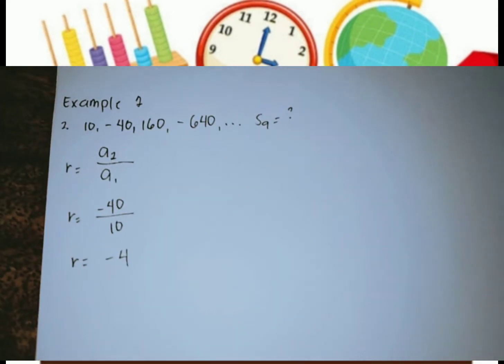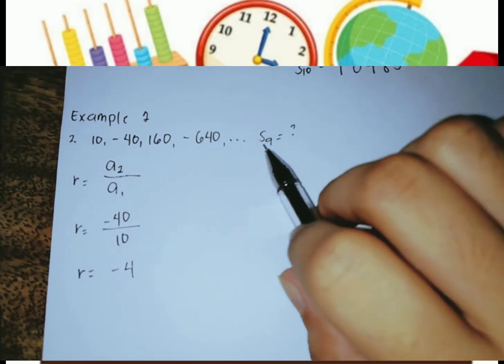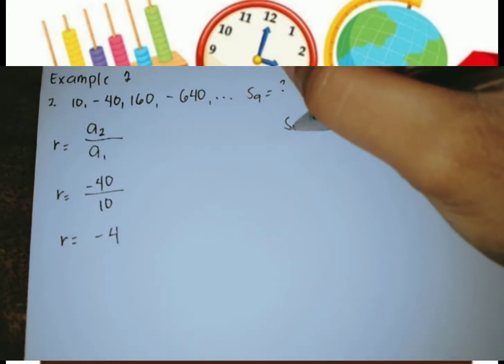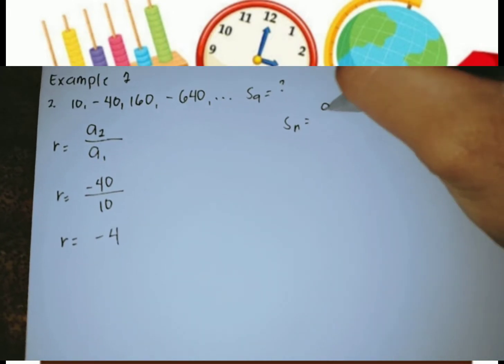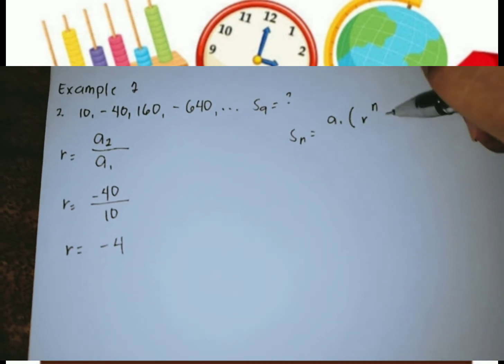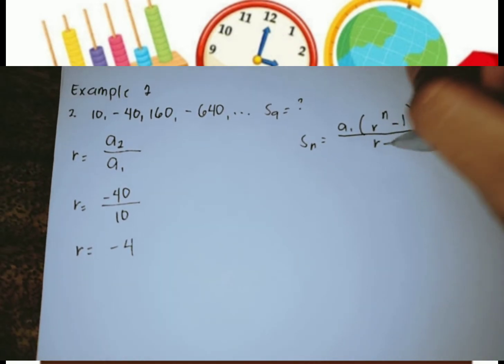In finding the last term, we write the formula first for us to be guided. S sub n is equal to a sub 1 quantity r raised to n minus 1, divided by r minus 1.